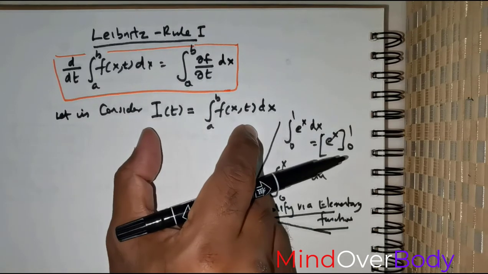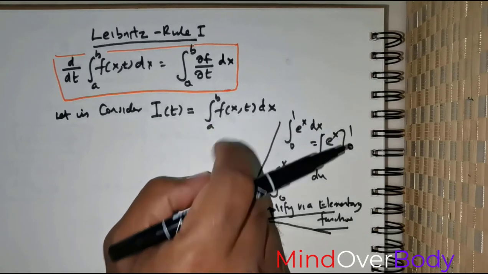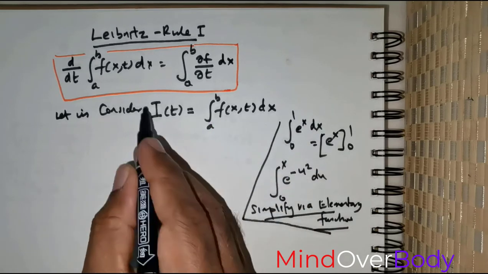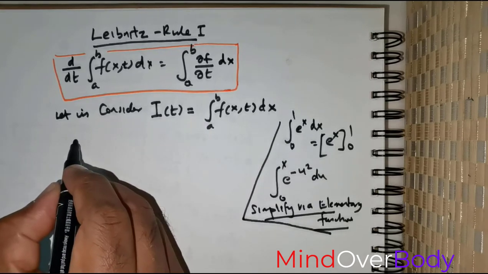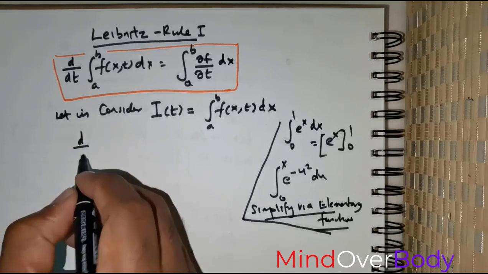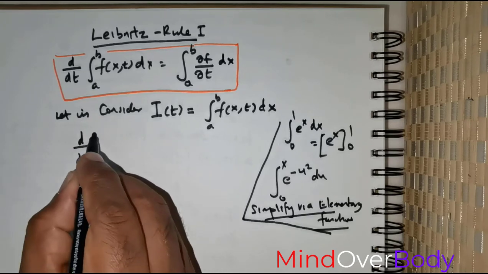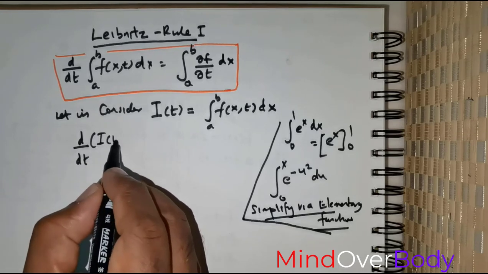So I'm considering I of t to be equal to the integral from a to b of f of x comma t times dx. Now let me differentiate this quantity. Differentiating with respect to t, it's the total differential, so d over dt of I, in this case I of t.